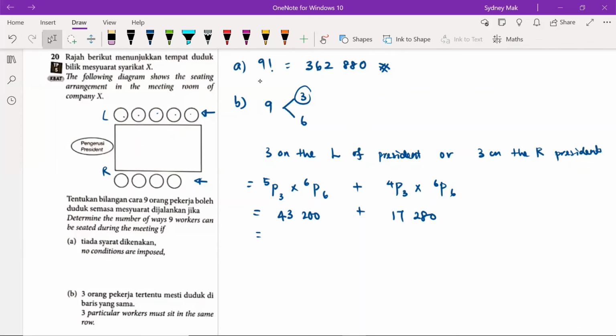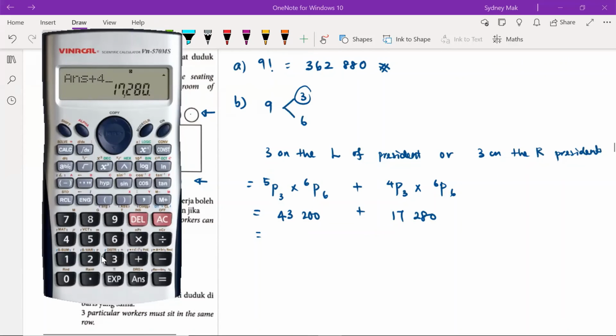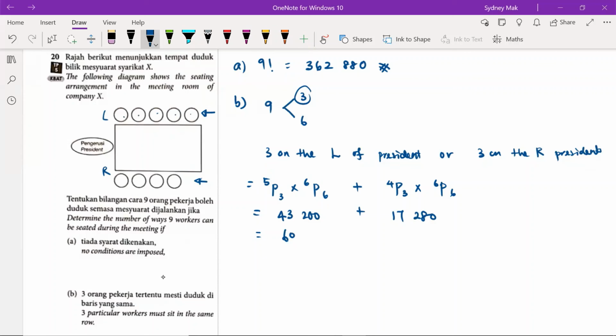So we add these 2 together, 43,200 plus 17,280. The answer is 60,480. That's it for question number 20.